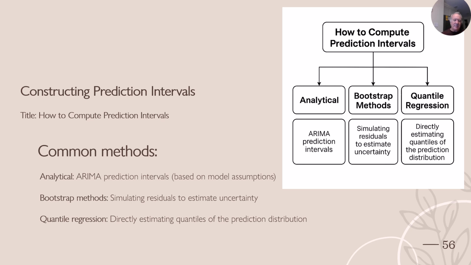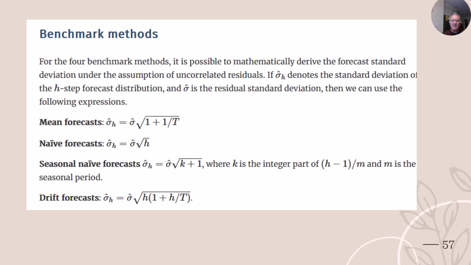The bootstrap method is simulating residuals to estimate the uncertainty. And the quantile regression is directly estimating quantiles of the prediction distribution. So how to compute the prediction intervals? We can use an analytic method, a bootstrapping method, or a quantile regression.